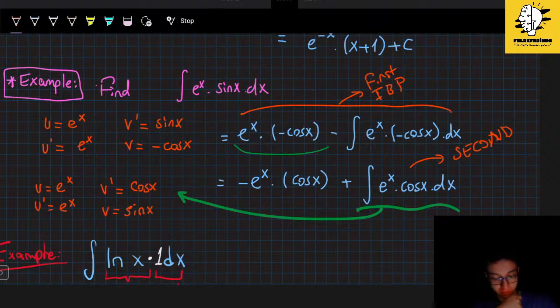Yeah. And this is the first integration by parts. But guys, I should remind you about this. We have another integration by parts here, right? So we should apply another integration by parts.